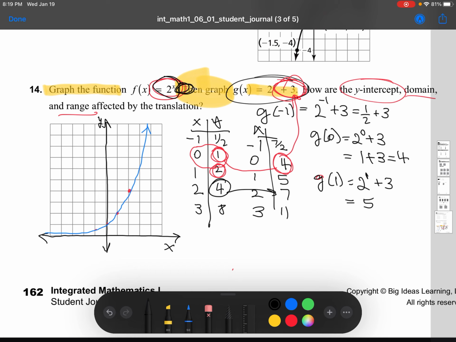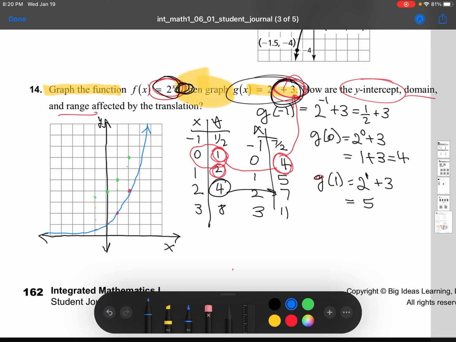Can you see that the y values were increased by 3 because of this plus 3? It means that all these values are going to be up by 3. So if we started here 1, 2, and 3 more, here 1, 2, and 3 more, this one 1, 2, and 3 more, and so on, somewhere over here.